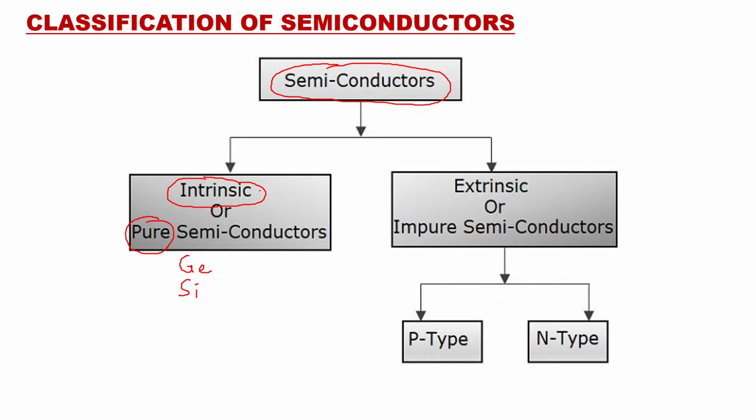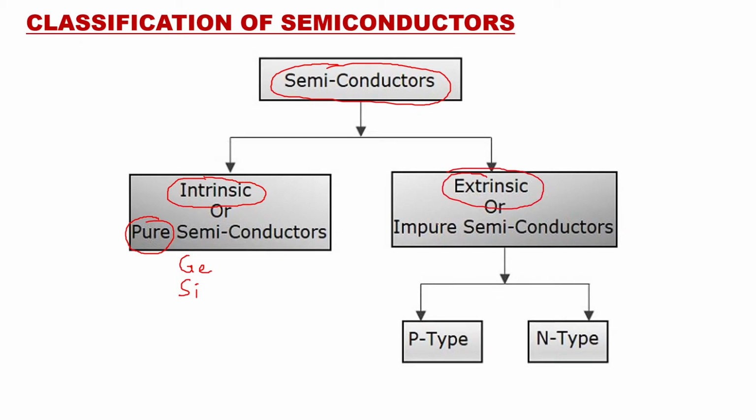That is the case in pure or intrinsic semiconductor. That is why we add some impurity to this pure semiconductor, and once we add that impurity in a suitable manner, that intrinsic semiconductor with impurity is called an extrinsic semiconductor.